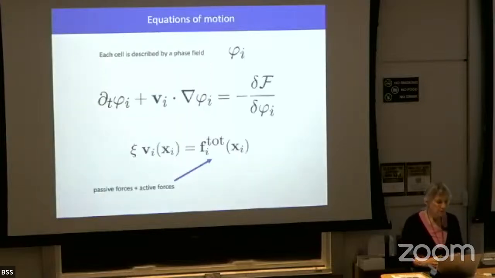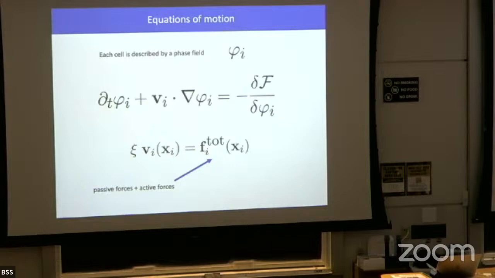So each cell is described by this phase field phi_i, which is 1 inside the cell and 0 outside, and i is my cell label. The equation of motion for my field is just that it moves with the local velocity, and then it relaxes to the minimum of a free energy, right? That's very like essentially all these models.